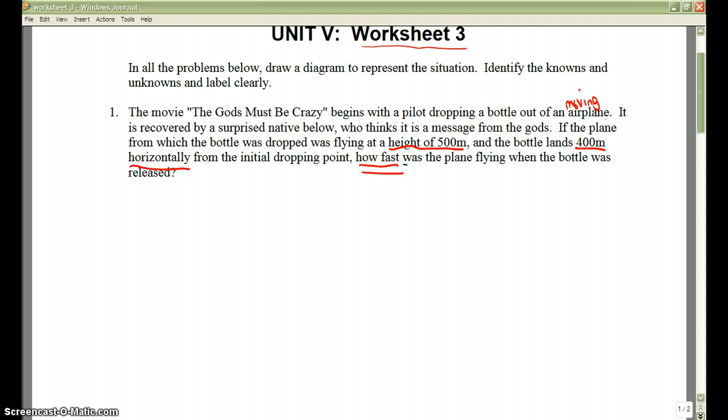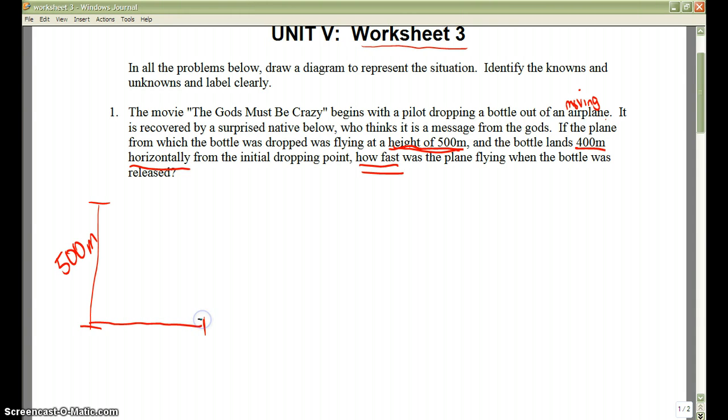So the first thing we always want to start with is a picture. Our plane was up in the air, at a height of 500 meters, not feet. It tells me that the bottle was dropped from that initial point.